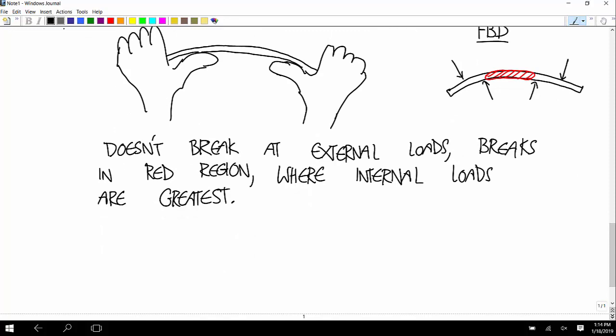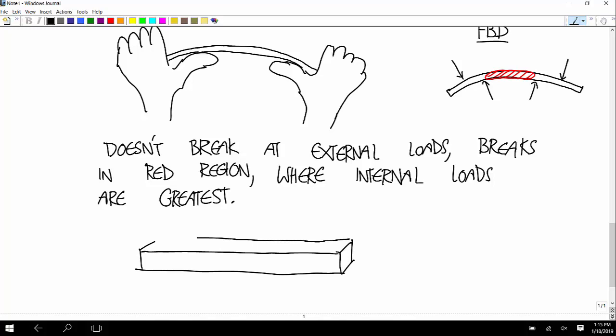But if you think about what you're doing with internal loads, when you calculate the internal loads in a beam, so here's the beam, you're not calculating internal loads at a point. That wasn't super obvious when we talked about internal loads because we didn't really discuss the thickness and we didn't talk about what's happening into the page.